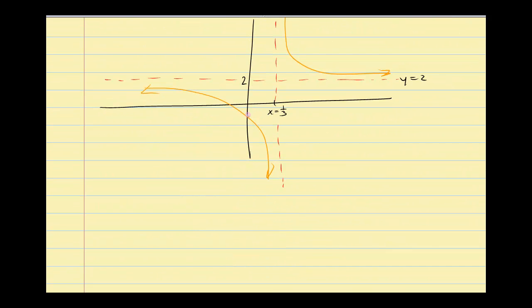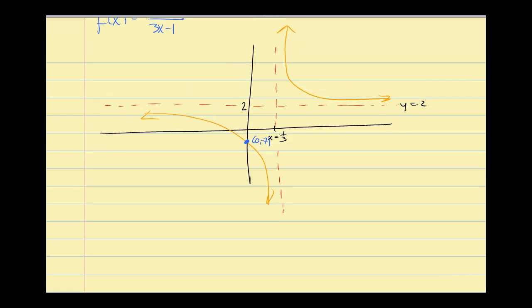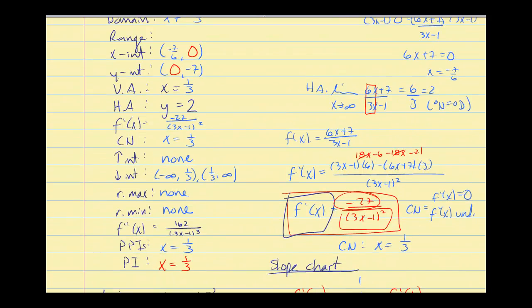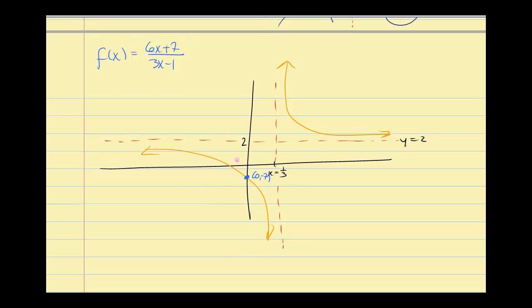So if I plot the point (0, -7), I'll say it's right there. That tells me I'm definitely below the x-axis. I have negative concavity and I have negative sloping tangent lines. Now my x-intercept was -7/6, so that's this point right here. So that's the point (-7/6, 0), and that makes sense.